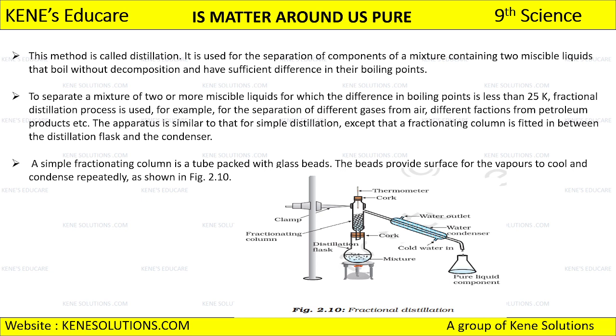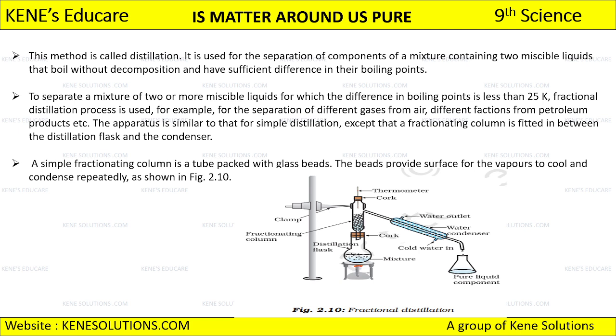We cannot use the normal distillation process for that. So if you come to know that the boiling points of the two miscible liquids differ by less than 25 K, you have to move on to fractional distillation. The example given over here is separation of different gases from air, different fractions from petroleum products, etc.